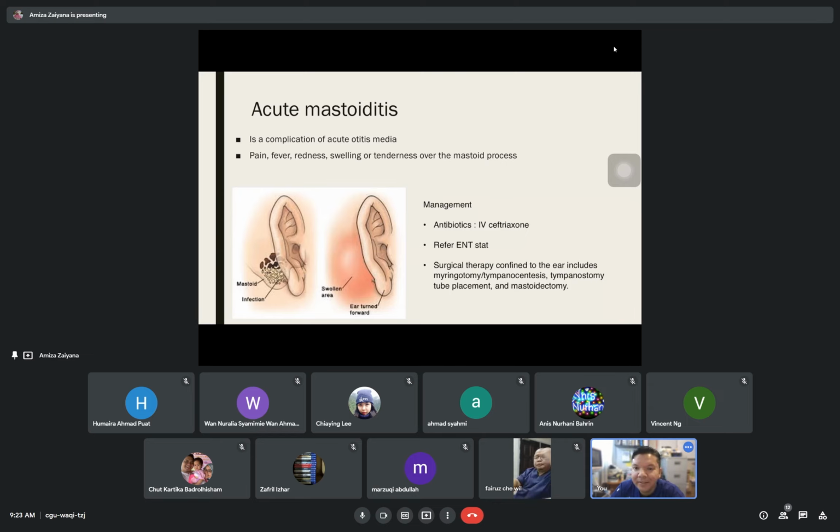But you still have to recognize mastoiditis. For treatment on our side, we can start antibiotics. There is also a risk of meningitis. If you have any chronic infection involving the nasal passage or the ears, all of these can cause ascending infection and can lead to meningitis. This is the most serious complication.